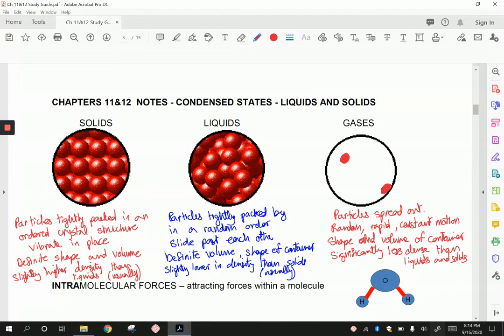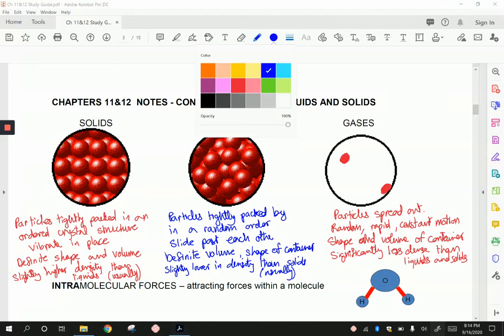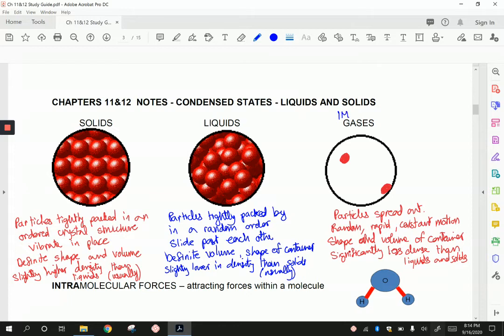And then another main difference between solids, liquids, and gases is the significance of these intermolecular forces. So the big deal here is that gases have negligible IMFs.